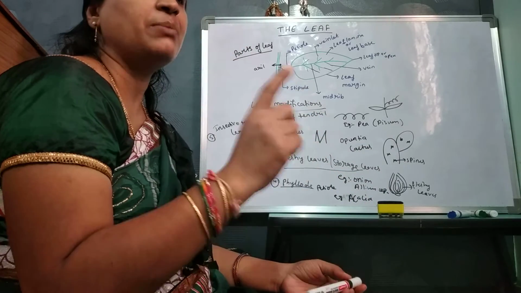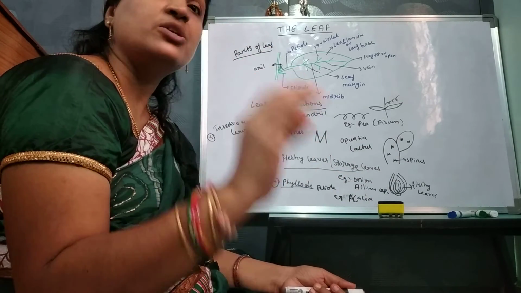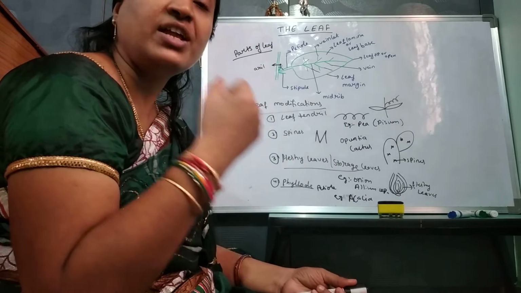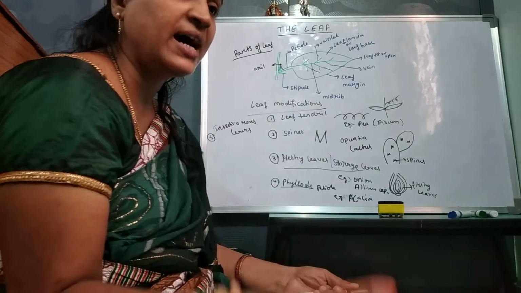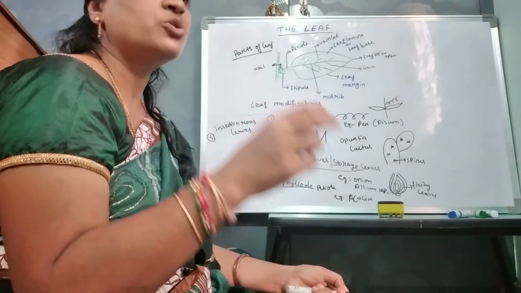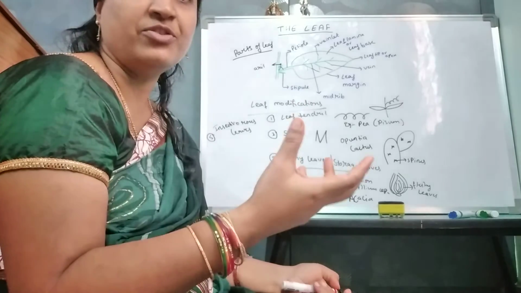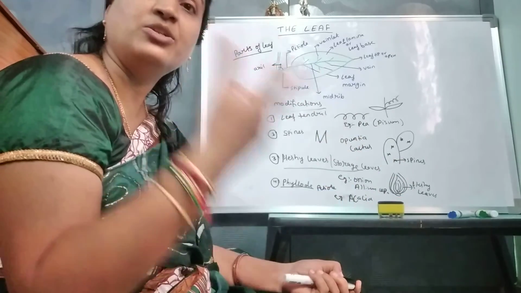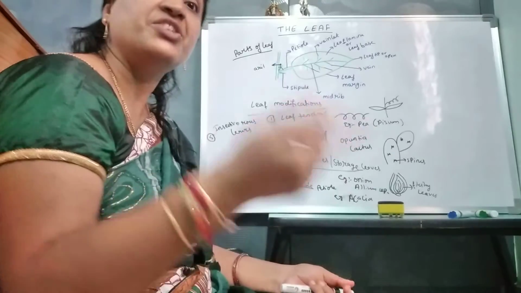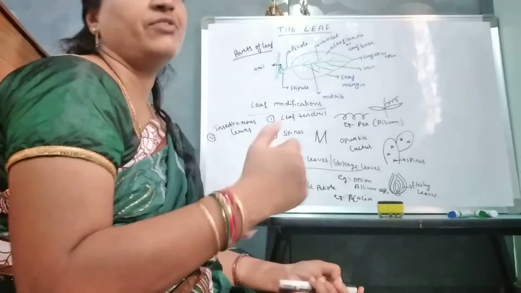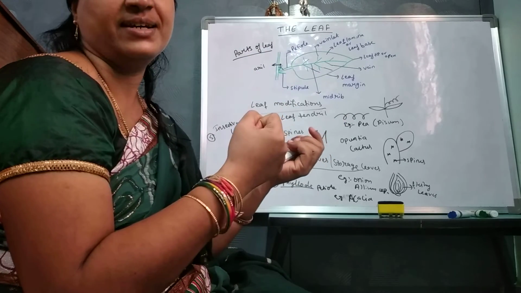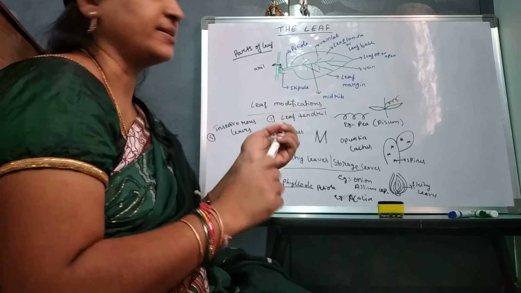Yes, there is a need. Why? Because these plants grow in the soil where there is deficiency of nitrogen. Nitrogen is a very, very important mineral which is present in nucleic acids, enzymes, proteins. It's a very vital mineral. So that nitrogen is required for all the living organisms. So plants also require nitrogen. For that nitrogen requirement, which is deficient in the soil, they get it from the insects. So that's why the leaves get modified to trap the insects, to catch the insects.